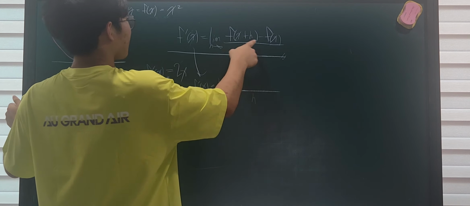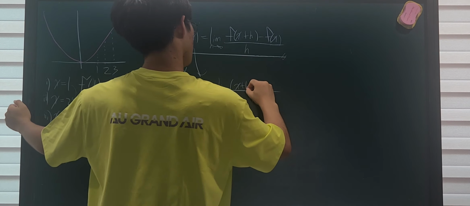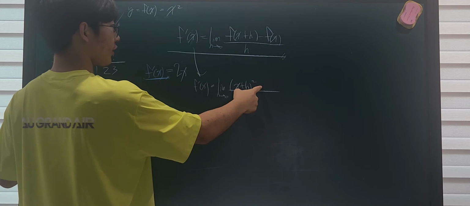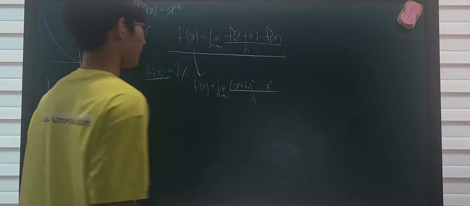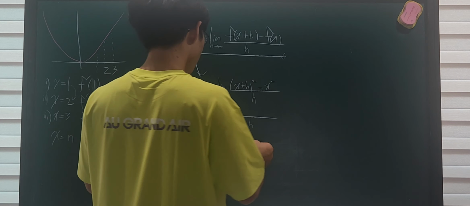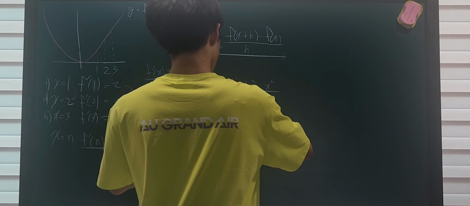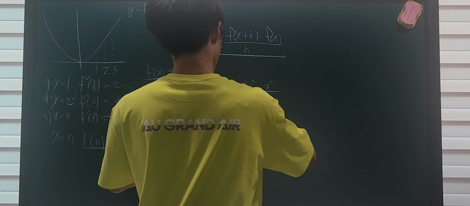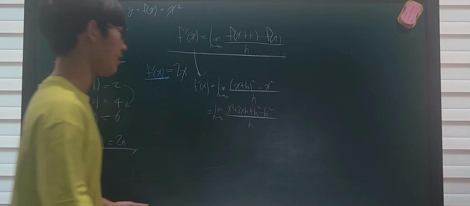So f of x plus h, in this place, now we put x plus h to the power of 2 minus f of x, which is equal to x squared. Then I'll evaluate further. Expanding it will result in minus h squared. So this is the value that it will result in.